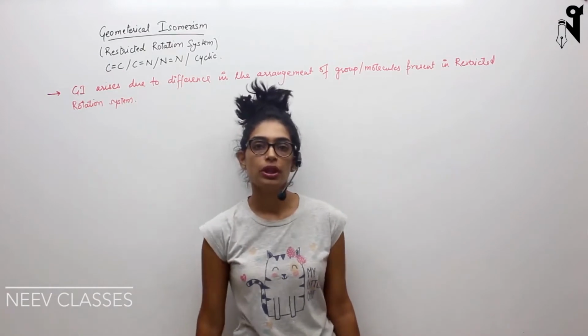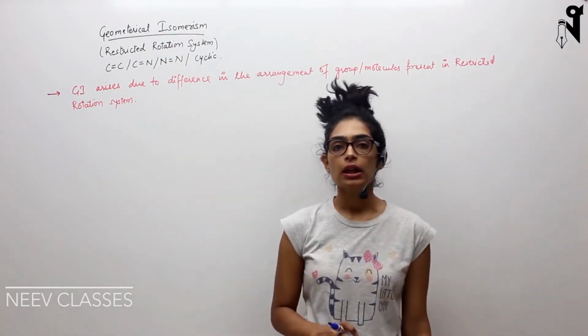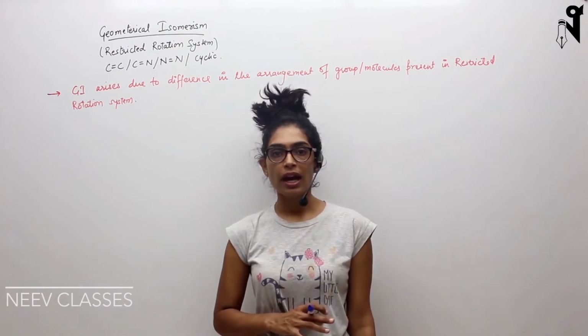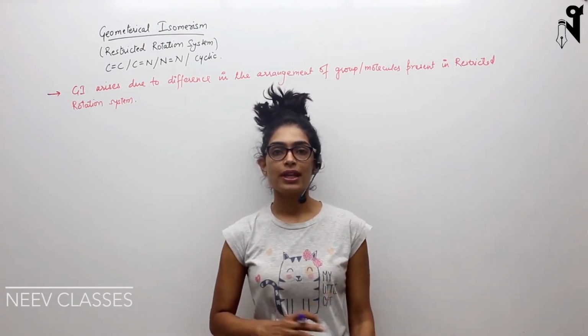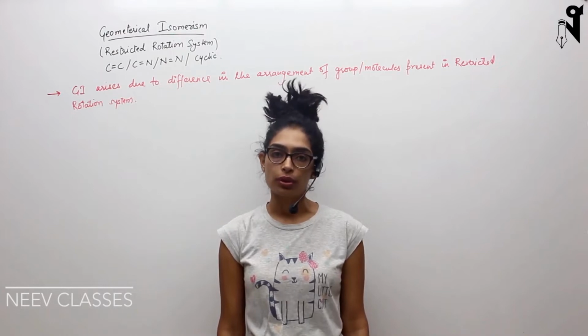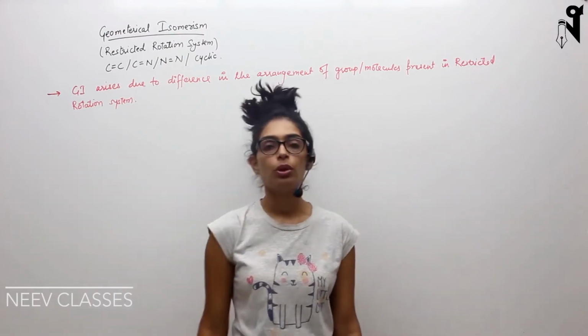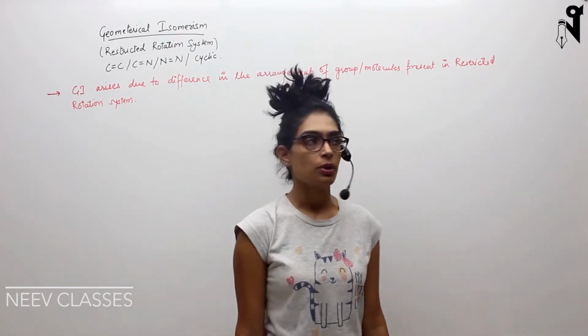Now to understand geometrical isomerism, you have to understand what conditions are required for it and in what kind of setup it will be shown. Geometrical isomerism is not possible for all types of molecules; only specific types of molecules can show it.